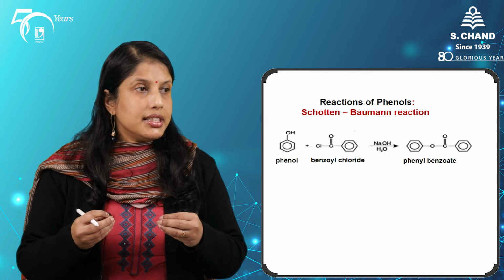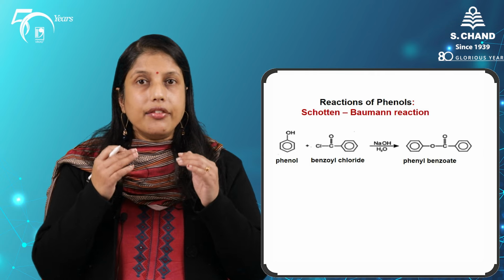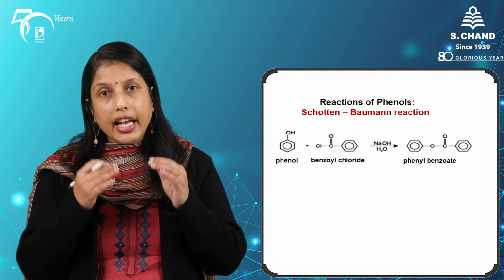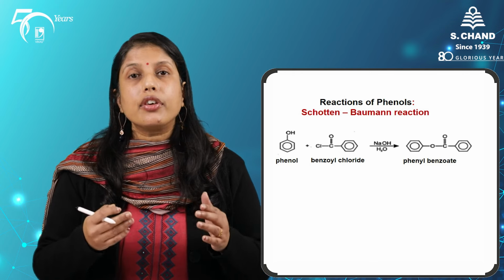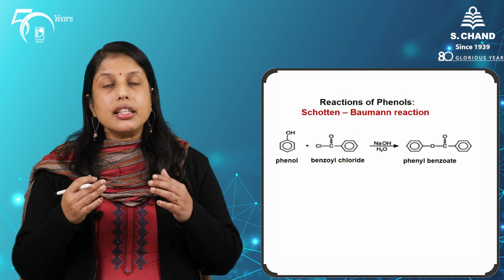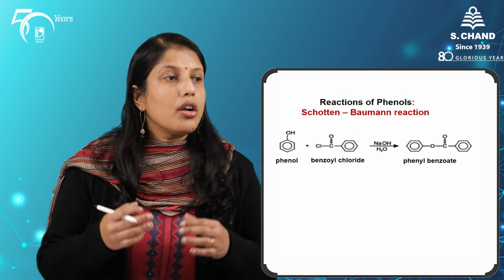Here what happens is that the phenol is treated with an acid chloride, usually an aromatic acid chloride, for example benzoyl chloride, in the presence of a base like sodium hydroxide, where it produces the crystalline phenyl benzoates which can be used to characterize a given phenol.